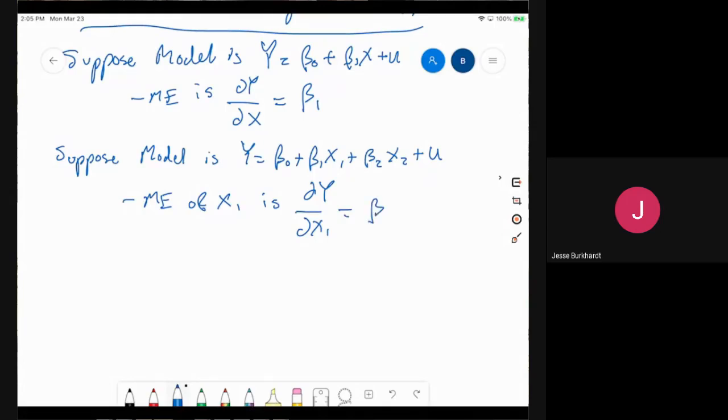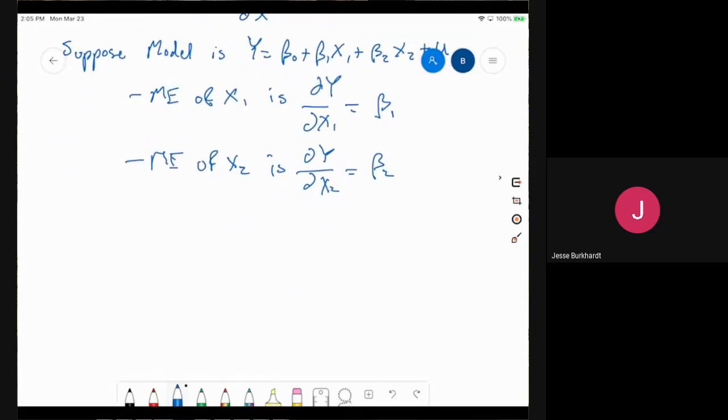Turns out it's the same thing. Just dy dx1, holding x2 constant. That's why we call it controlling for x2, holding x2 constant. What's the marginal effect of x2? Same thing, beta 2. Okay, not too complicated.